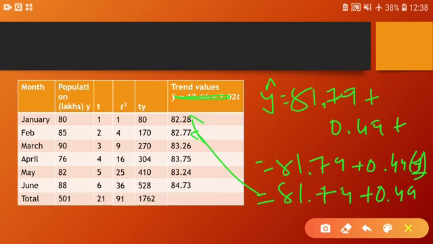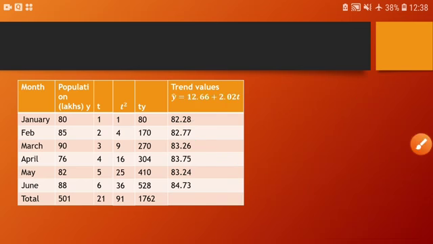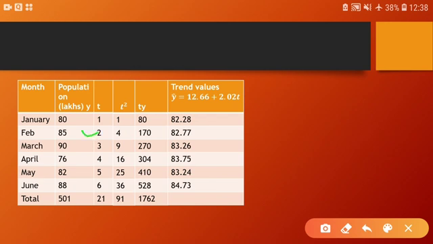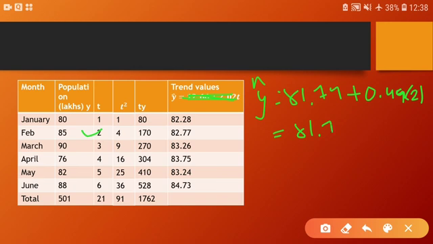Let's take t as 2. So y cap is equal to 81.79 plus 0.49 into 2. 0.49 into 2 is 0.98.